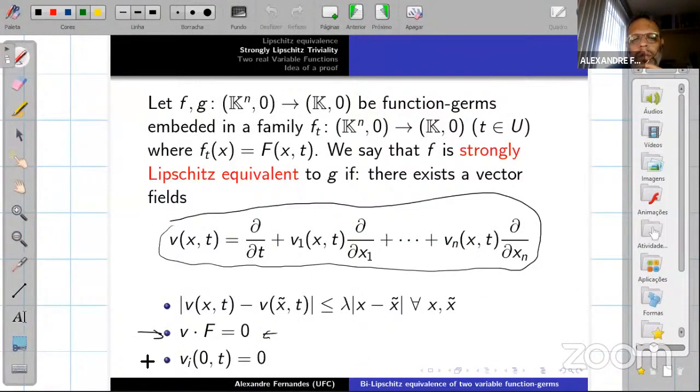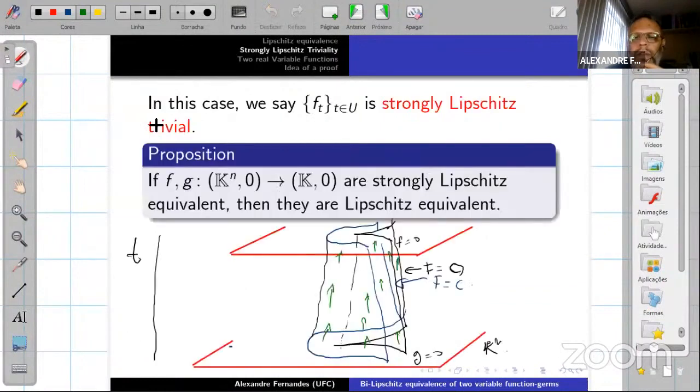This equation means that our vector field preserves the t-axis. This is 0, this is 0. Then along this axis, our vector field is vertical. And our vector field is Lipschitz.